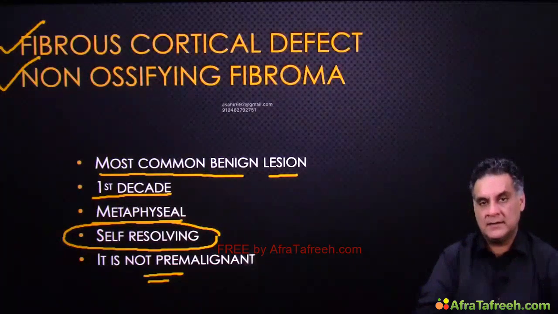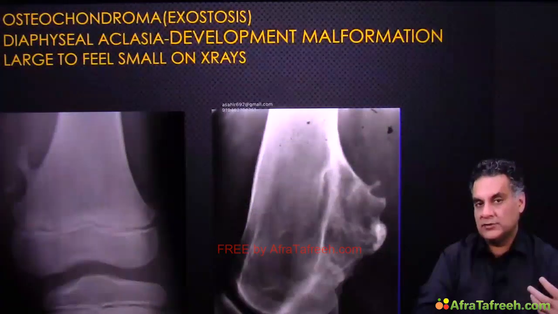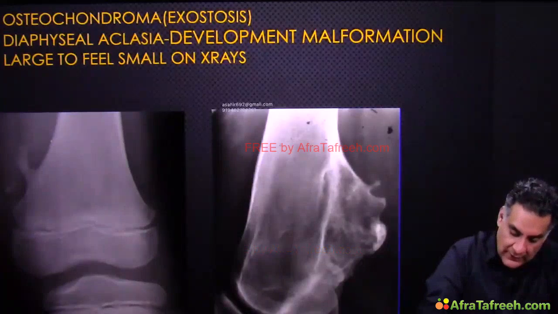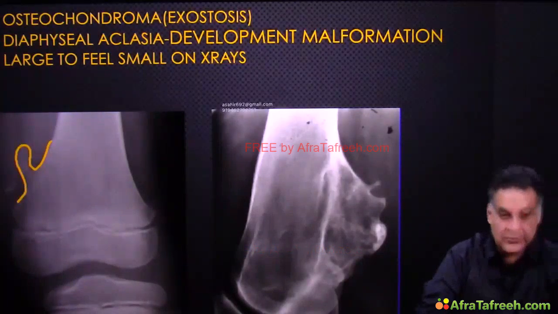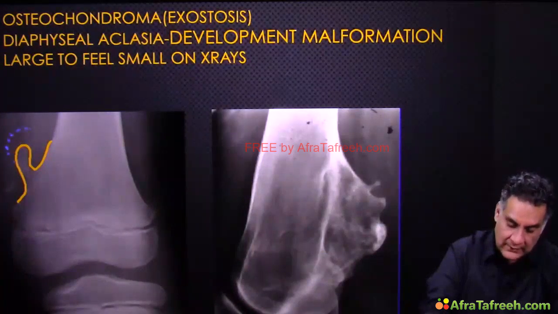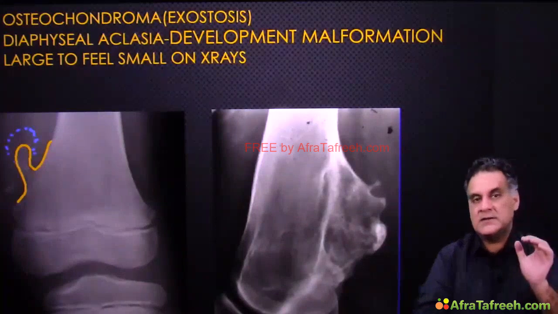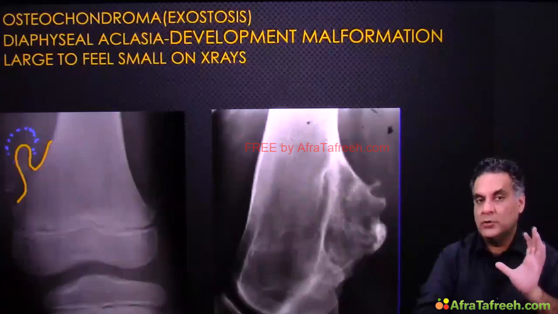It's not pre-malignant. Whereas when we come to the bony outgrowths, if you look at the bone, this is the bony outgrowth, osteochondroma. Overlying it is the cartilaginous cap. You know, the cartilage is not seen on x-rays. It is radiolucent.